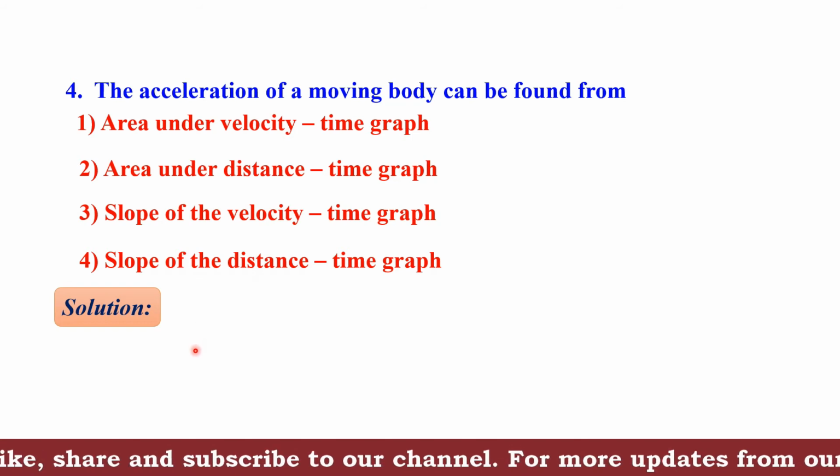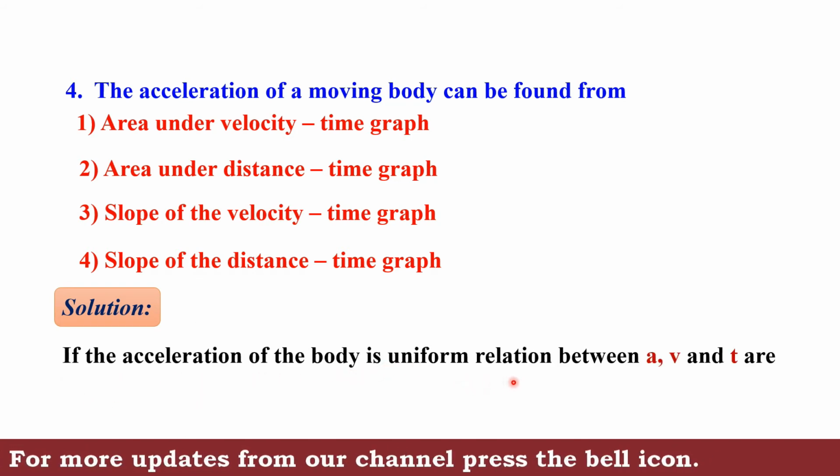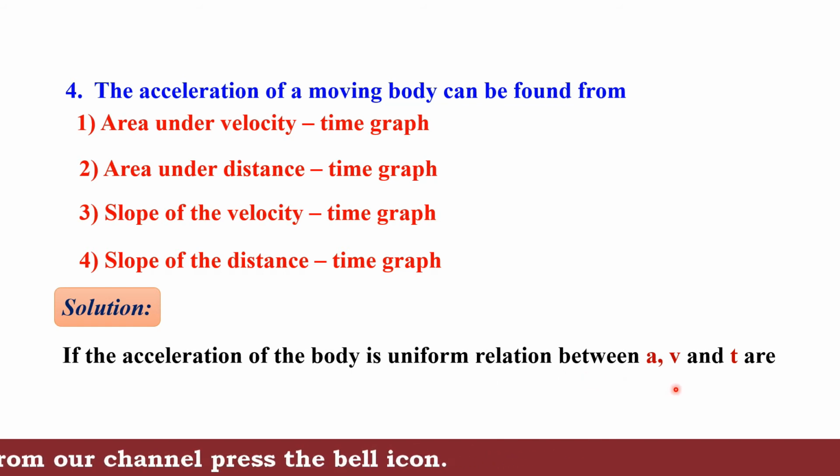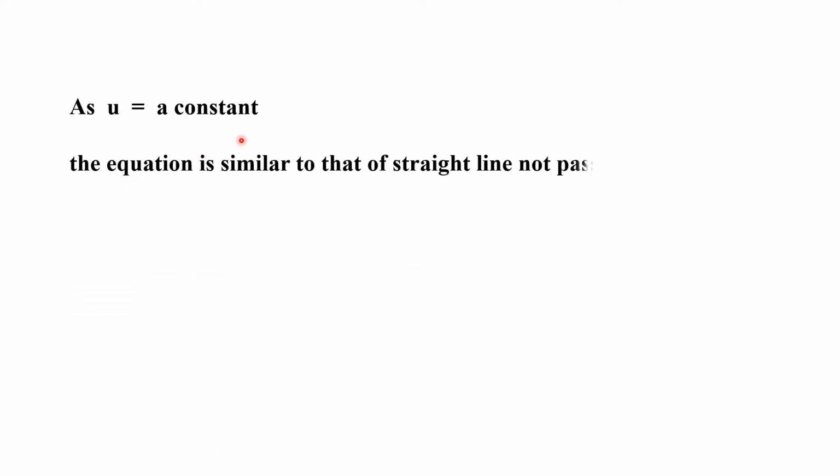Now let us discuss. If the acceleration of the body is uniform, the relation between a, v and t, that is the first equation of motion, is v is equal to u plus at. As u is a constant, the equation is similar to that of a straight line not passing through the origin.